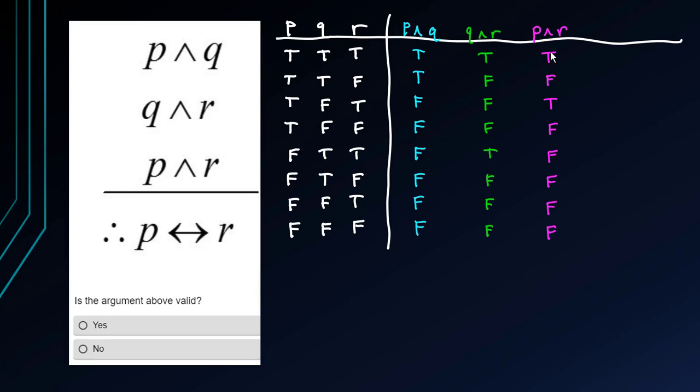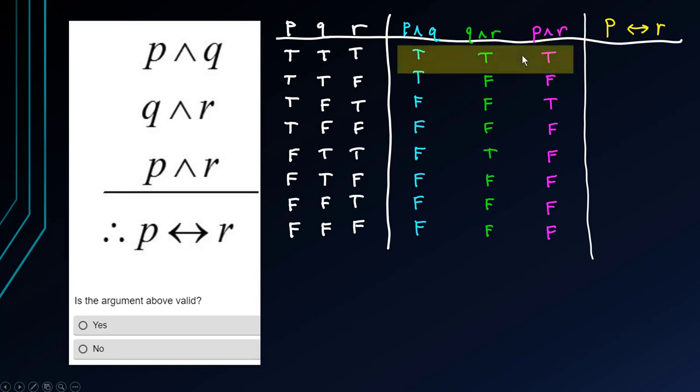So these are the truth values for my three conditions, my prerequisites. I keep forgetting the term they use for them. Now all I'm really concerned about when I look at this statement, P if and only if R, is that I'm looking at a situation where all three of these are true at the same time. In this case, there's only one instance where all three are true at the same time.